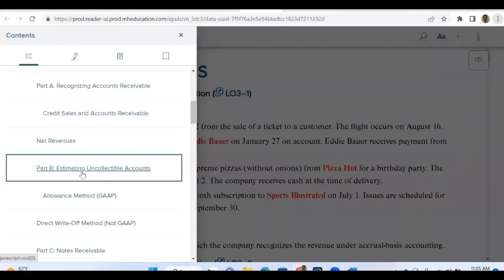It will be in the next year, and that's too late. According to GAAP, anything that happens in this year needs to be recognized in this year. So if you have a lot of accounts receivable and sales for this year, then before the year ends on December 31st, you need to estimate a proper amount of uncollectible accounts and recognize bad debt expense for that.